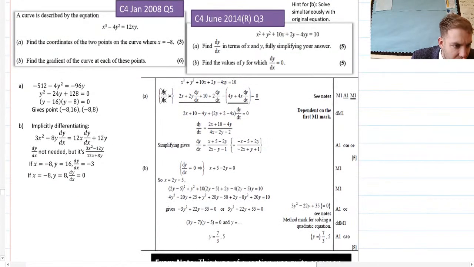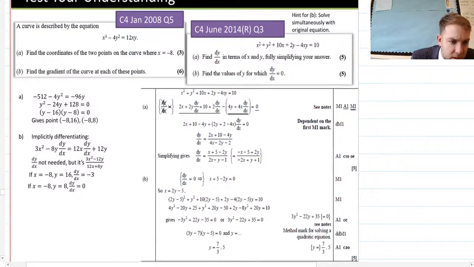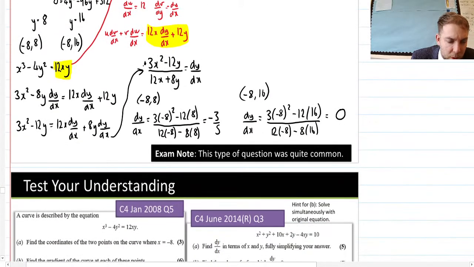So we've got that, minus 8, 16, minus 8, 8. We've got both of those, they're both right. We've got our differentials, they're right.